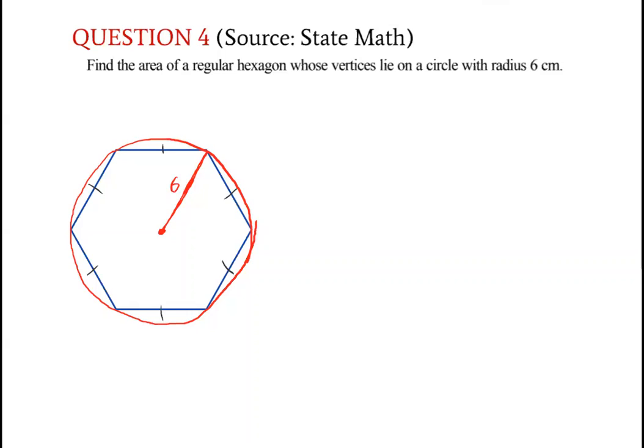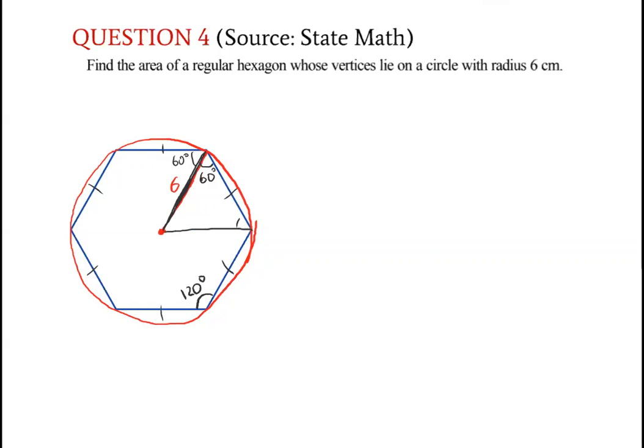And we know that for a regular hexagon, all of these interior angles are 120 degrees. And this line right here is a bisector, so that means that it will divide these into 2 equal angles of 60.